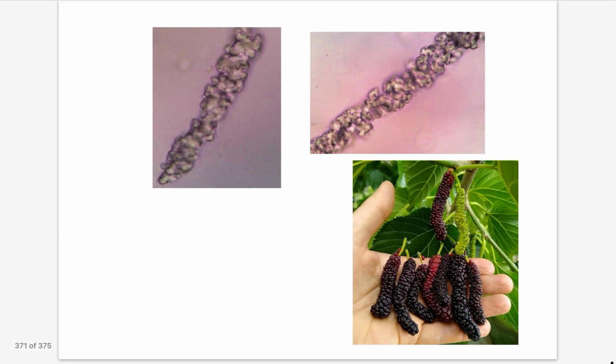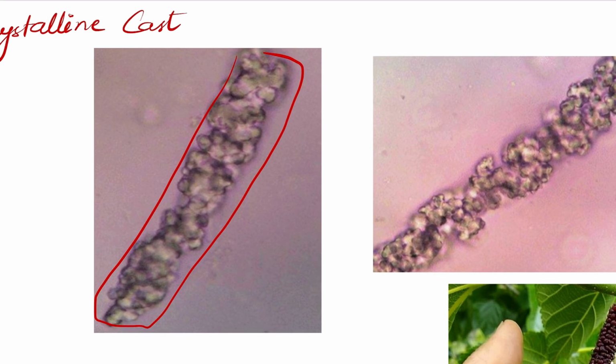Coming to this variety, this is a crystalline cast, or simply you can say crystal cast. Here the tubular structures are present, but on them there appears to be something stuck, cells or crystals.